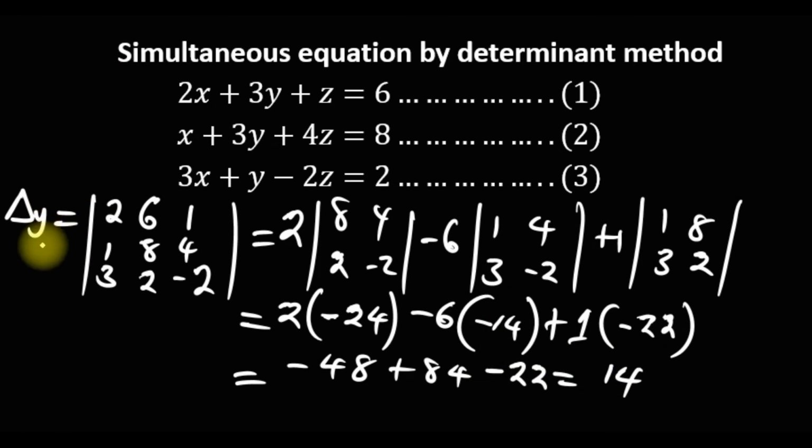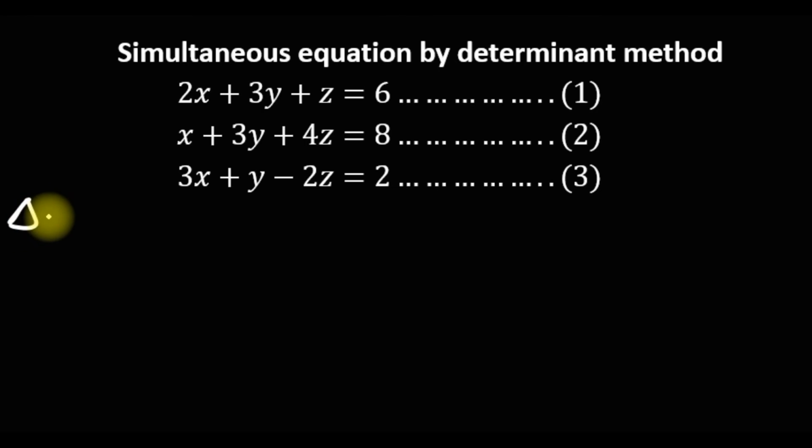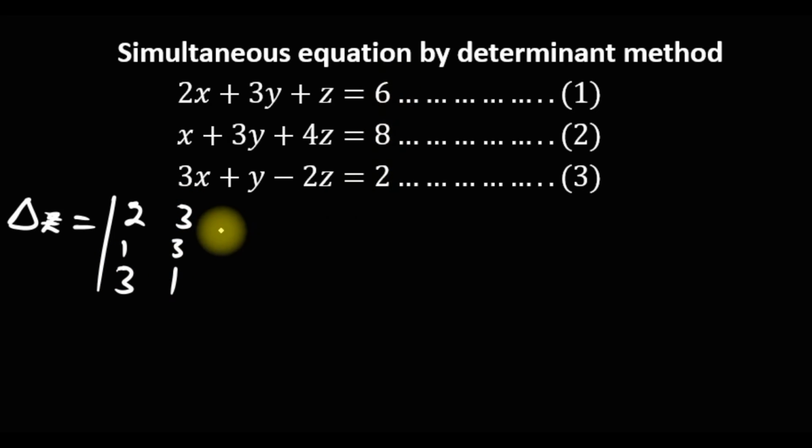So let's find the last determinant, which is for z. We replace this column with the constants. So this is 2, 1, 2, 1, 3, this is 3, 3, 1, while this is 6, 8, 2.